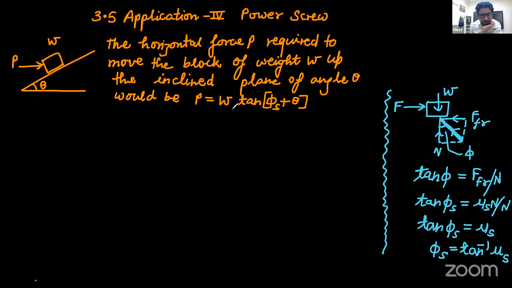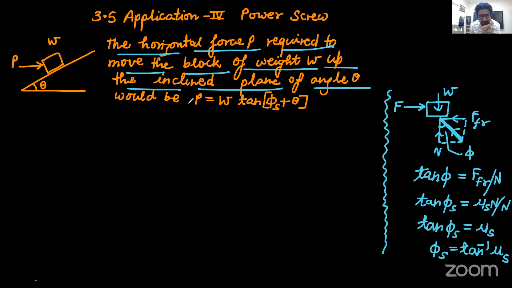So this was the very first thing we did. The horizontal force P required to move the block of weight W up the inclined plane of angle theta would be W tan phi s plus theta.